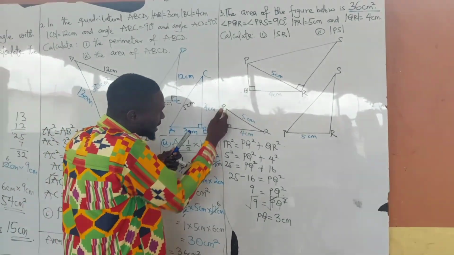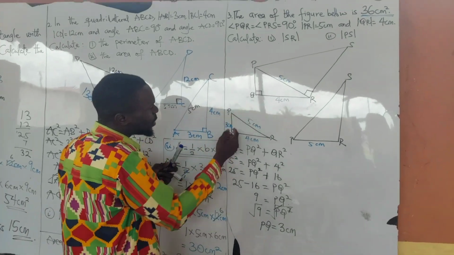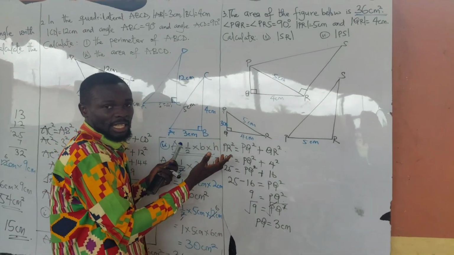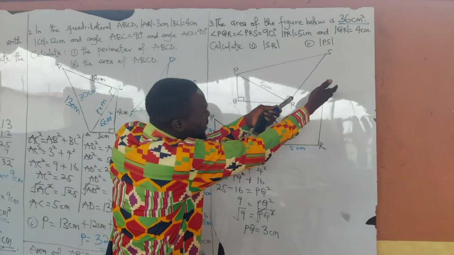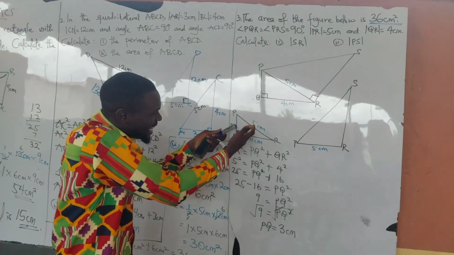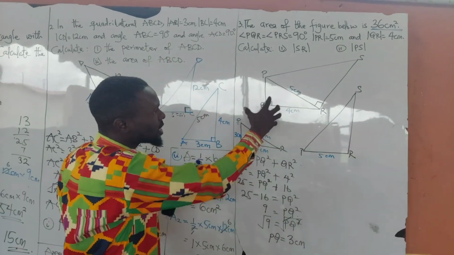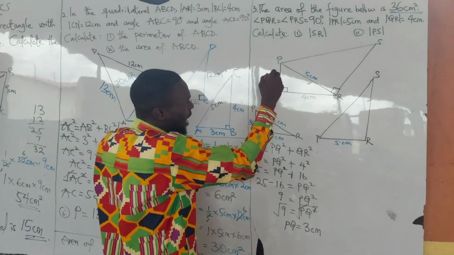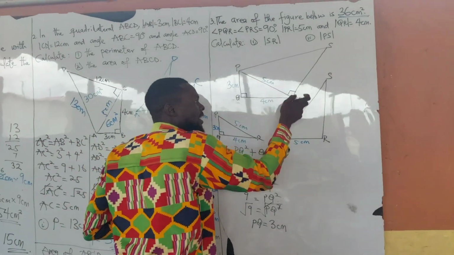So now this side is 3 centimeters. Now if this side is 3 centimeters, how would that help me to calculate for my SR? If I write the 3 centimeters here, how would this help me to know this?